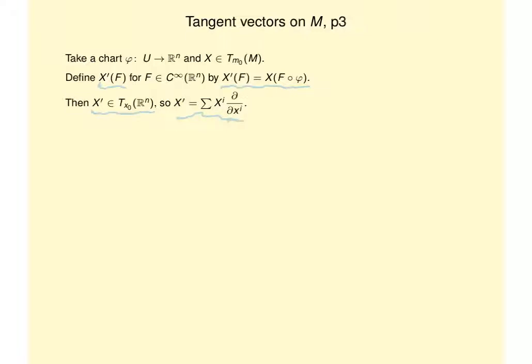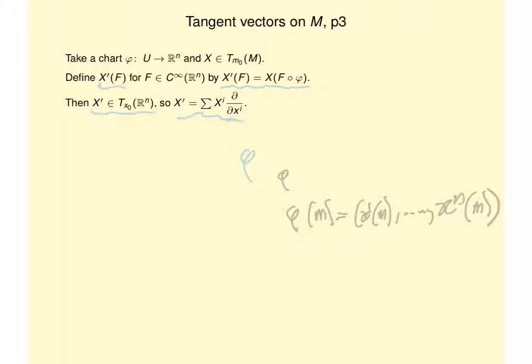So perhaps I should have spelt out here. Let's change colours. Right, I have changed colours. So phi of m, I'm thinking of as x^1(m) down to x^n(m).